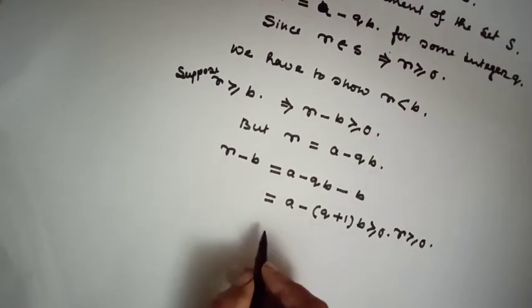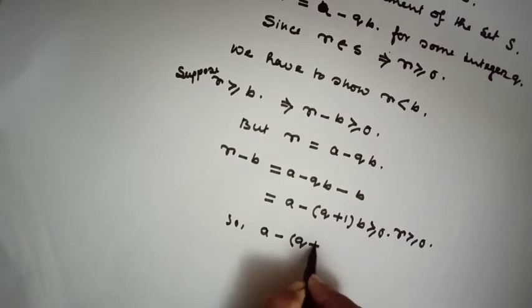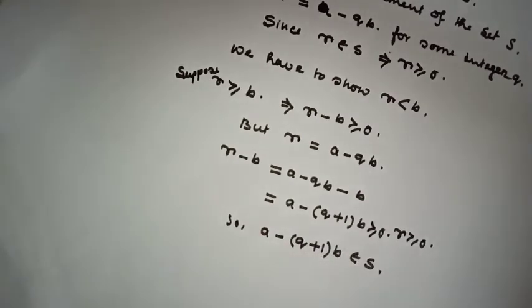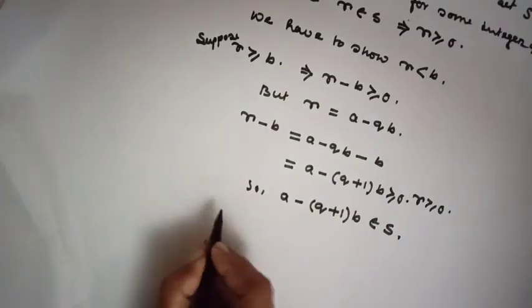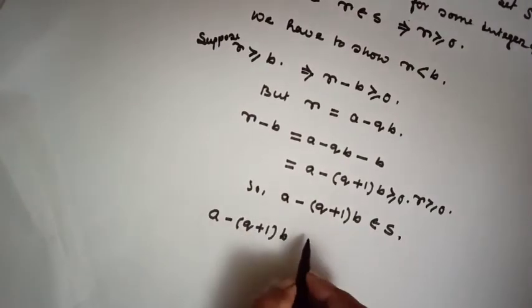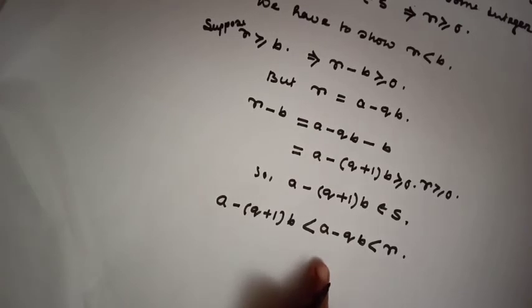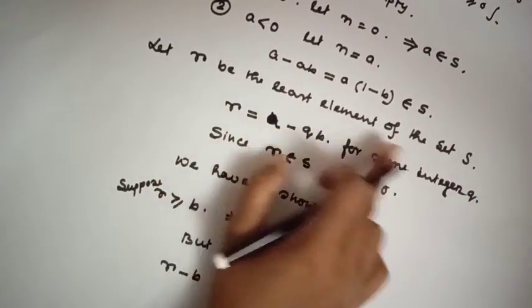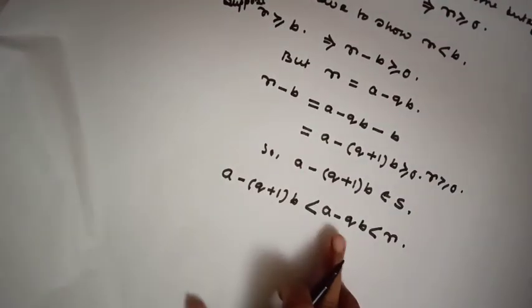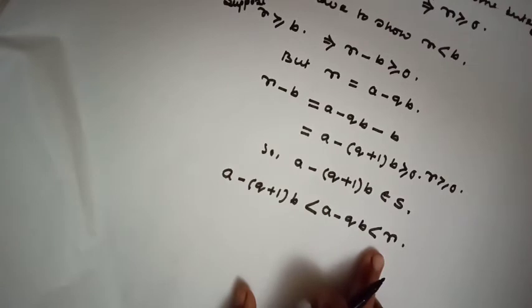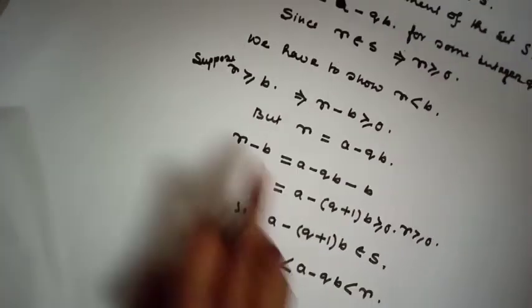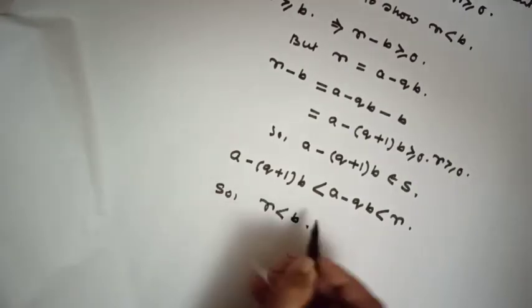So a minus (q plus 1) times b belongs to S. But a minus (q plus 1) times b is strictly less than a minus qb, which is R. This is a contradiction to our assumption, because I considered R to be the least element of the set S, but here a minus (q plus 1) times b is strictly less than R. That means our assumption R greater than or equal to b is wrong. So R is always strictly less than b.